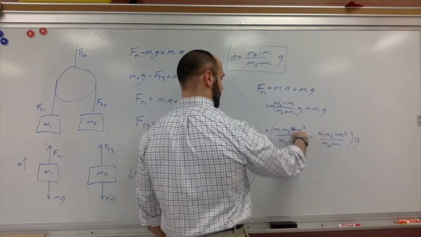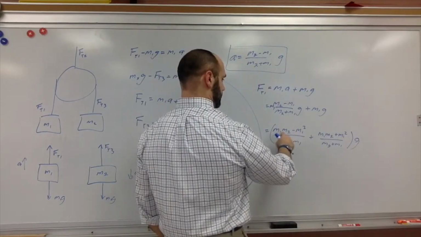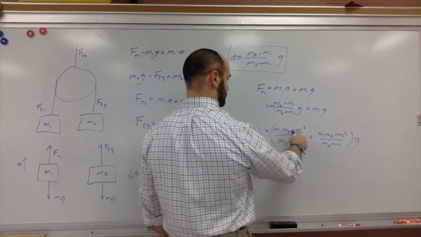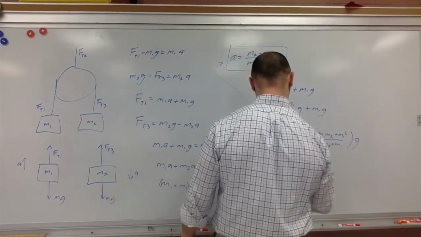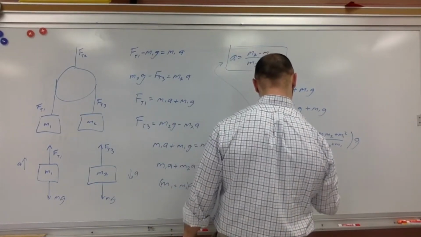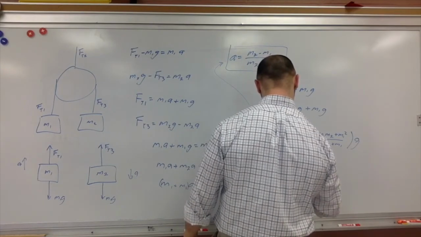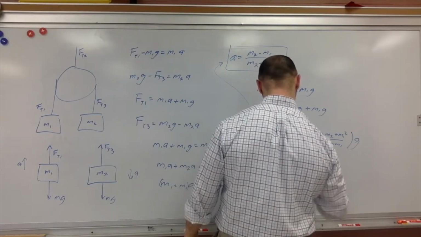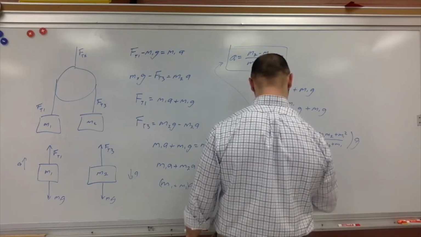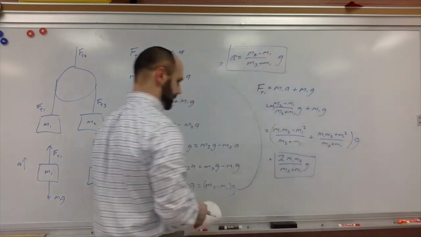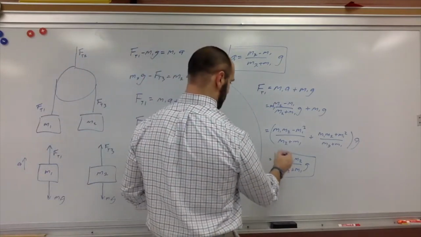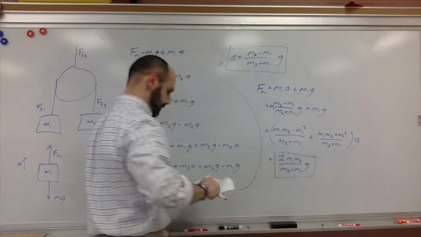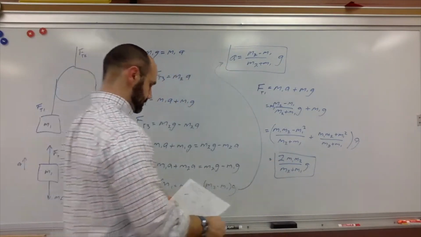Now when I add these up, these m1s disappear. And so I get 2 m1 m2 over m2 plus m1 times g. Right, so that's the tension now. Notice the 2. We're going to come back to that later. All right, now we're going to do the modified Atwood machine.